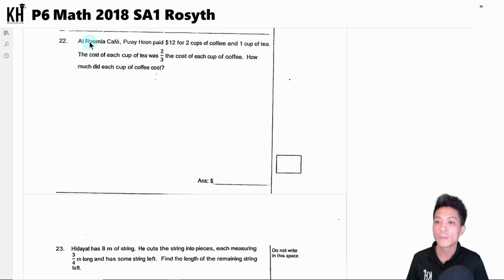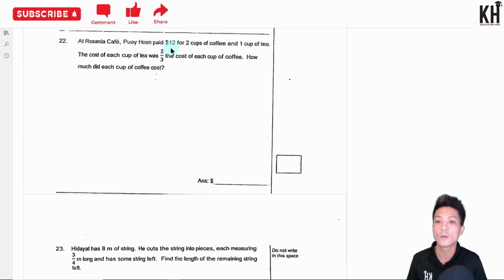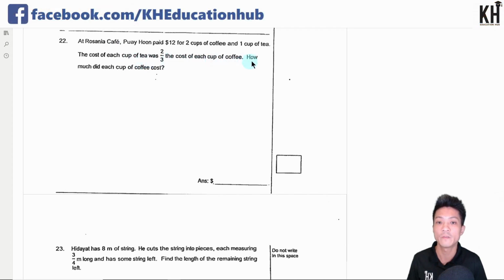Question 22. At Rosyth Cafe, Wei Hun paid $12 for 2 cups of coffee and 1 cup of tea. The cost of each cup of tea was 2/3 the cost of each cup of coffee. How much did each cup of coffee cost?